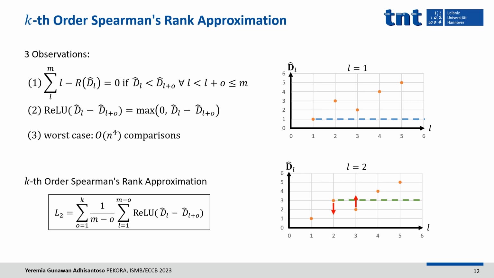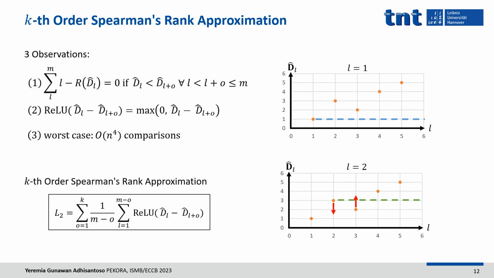So in this case, for the first point, we don't have to penalize the value. Next is the point at index 2. We have to adjust the prediction because the point at index 3 is lower compared to the point at index 2. That means the point at index 2 has a rank greater than 2.